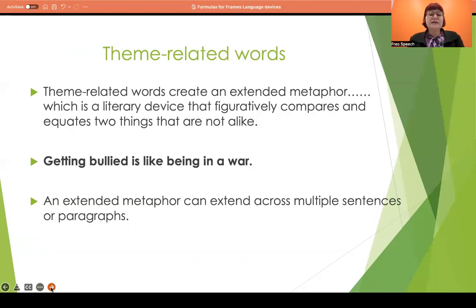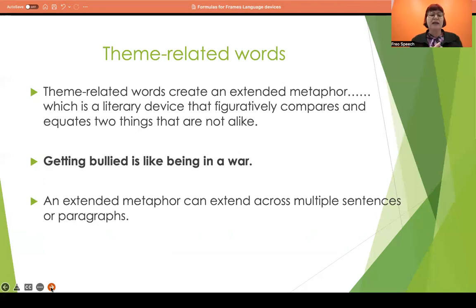So the last thing is theme-related words, and this was not used so much, but I think it's really important to talk about it because with sophisticated texts, you will see that you get that extended metaphor. I didn't use it in the scripts, but I think with older kids you could try it.